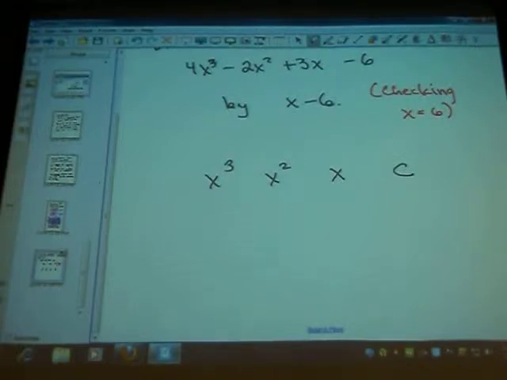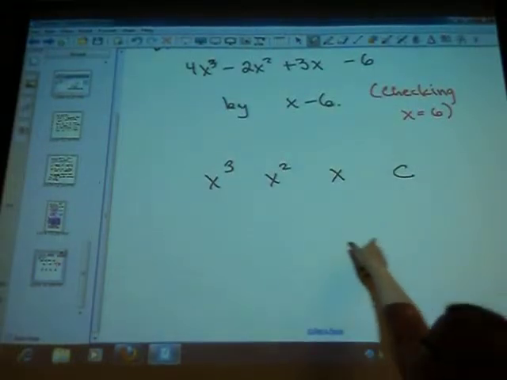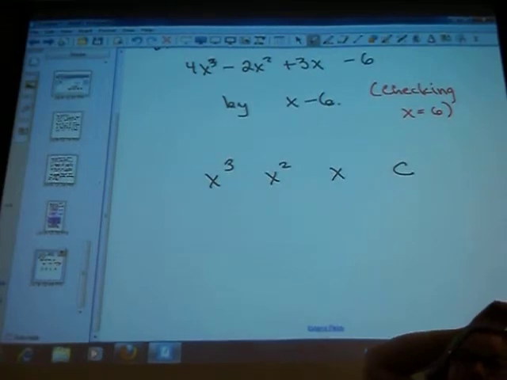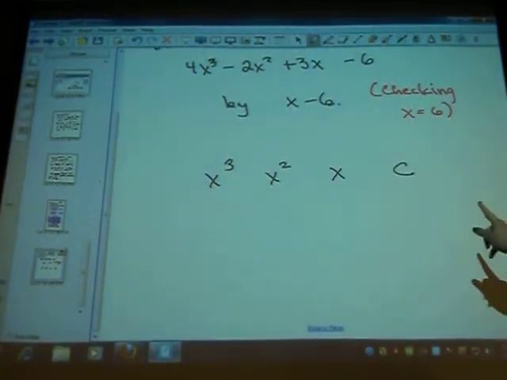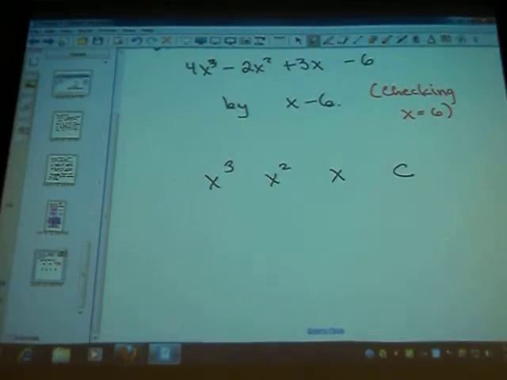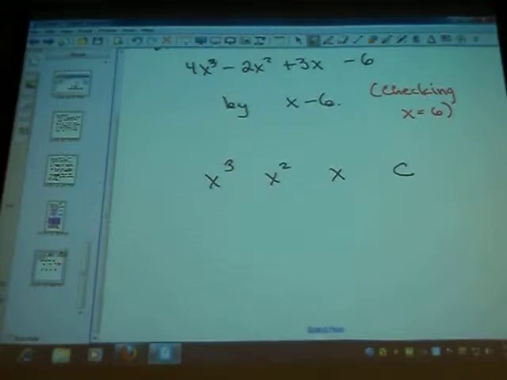It's important that you list all your decreasing x's, even if they're not in the equation. If I don't have an x in my equation, I still need an x column when I'm dividing. You have to have all the decreasing ones starting with your highest power.